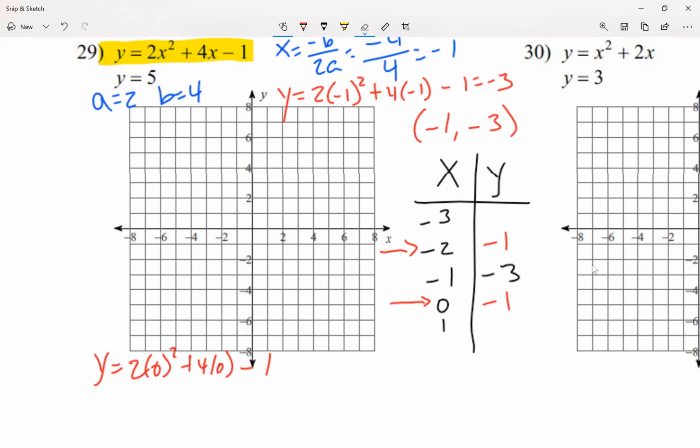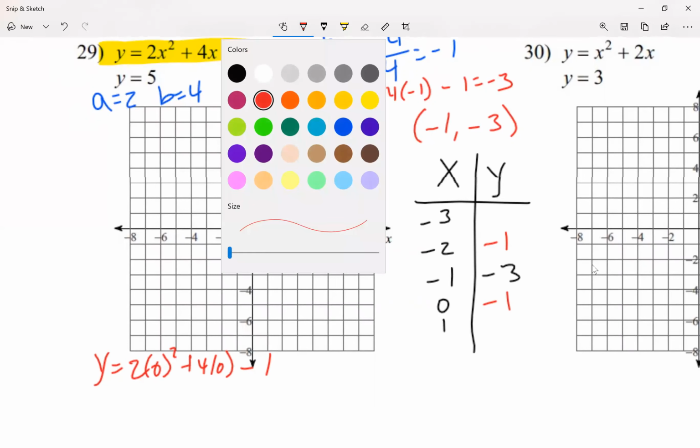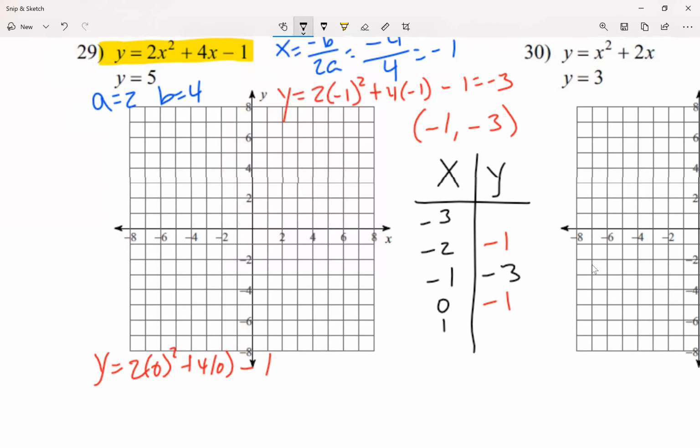Good. Now I'm going to use blue for this one. I'm going to look at the y value of these 2 points. I'm just going to find one value, and then the other point gets the same y value. So I'm going to use x equals 1. We could use -3, but I'm going to use 1.